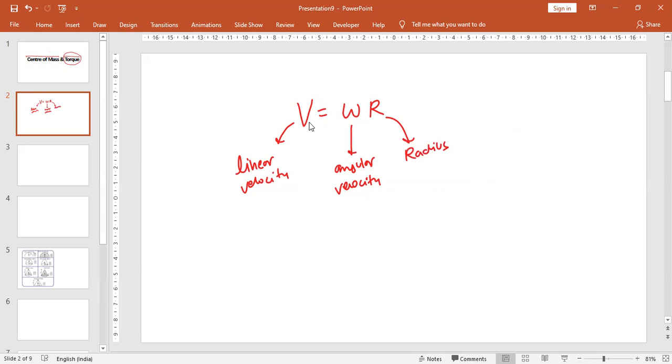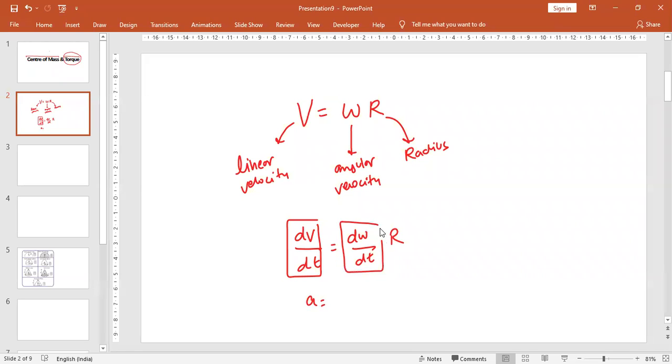So if you will differentiate this equation on both the sides, so differentiation of V will be dV by dt, differentiation of omega will be d omega by dt, and R is your radius. So dV by dt is your acceleration, d omega by dt is angular acceleration alpha, and R is radius.